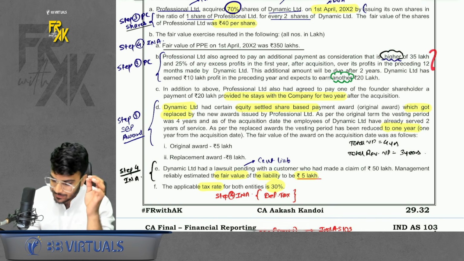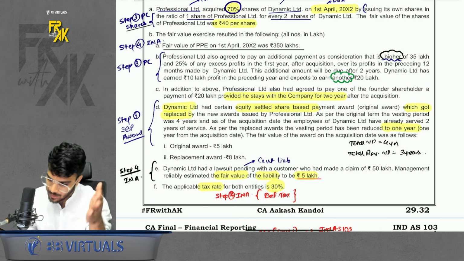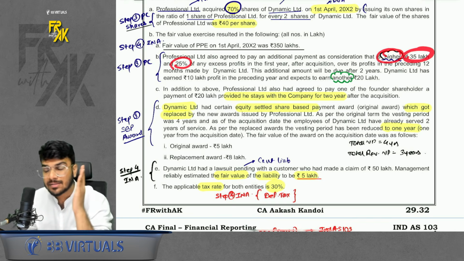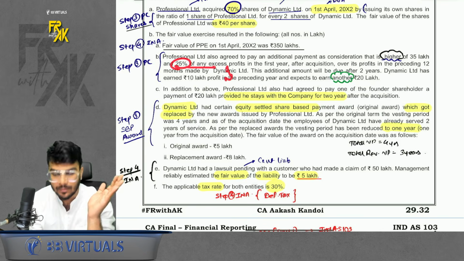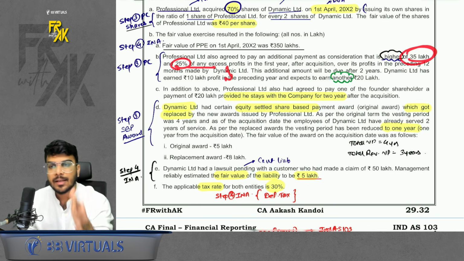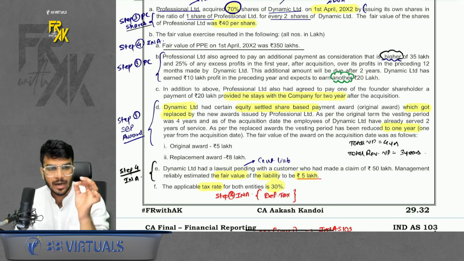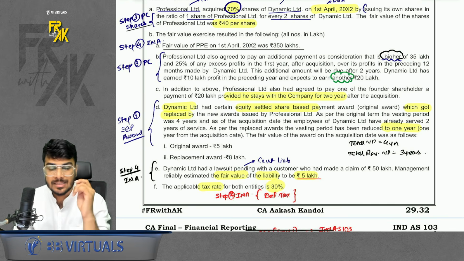By reading this, you might feel it is contingent consideration, but no, it is deferred consideration. Why? Because when you say higher of this much and this much, 35 lakhs definitely will have to be paid. Even if 25% of excess comes to nil, you still have to pay the 35 lakhs. So this is deferred consideration, because in deferred we say we will give 100% but after a certain number of years.